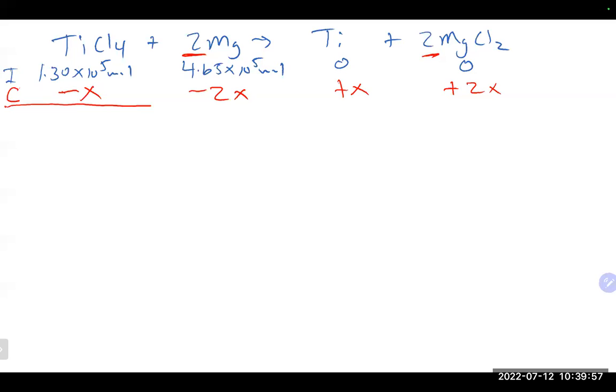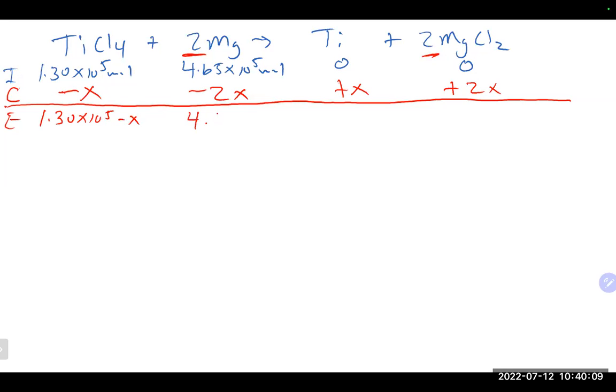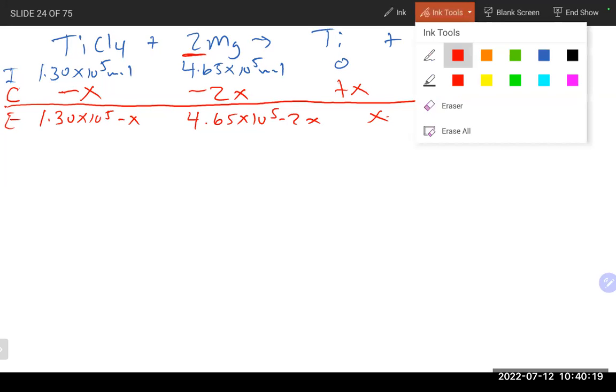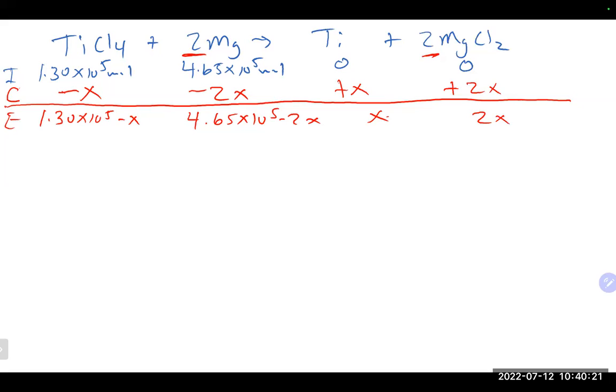Obviously, the other ones are 1s, so that's why I don't put anything. Carrying it down here, we end up with 1.30 times 10 to the 5th minus x, 4.65 times 10 to the 5th minus 2x, x for this guy, and 2x for that guy. Any questions on the table setup here?